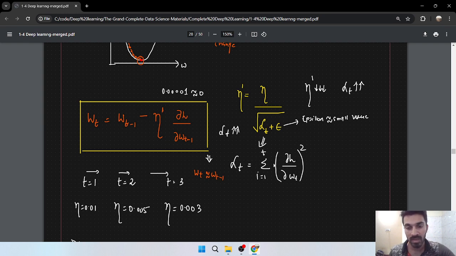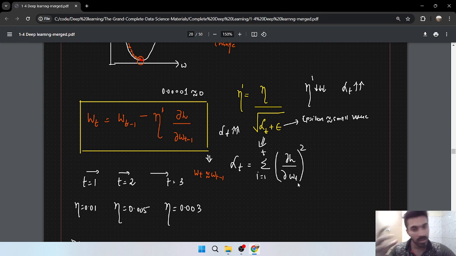Alpha t is basically the differentiation of your loss function with respect to w.